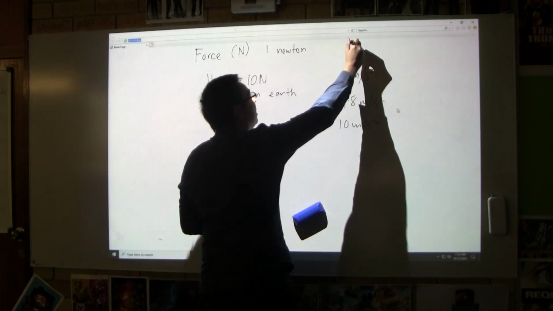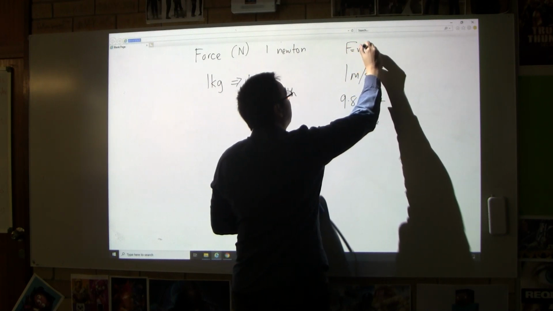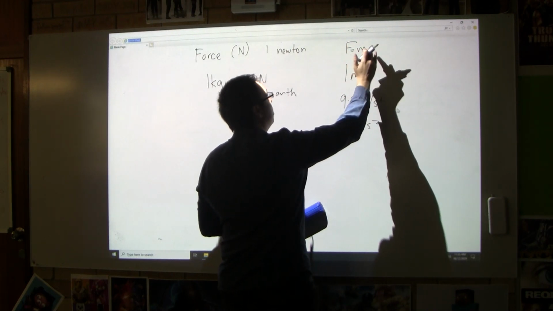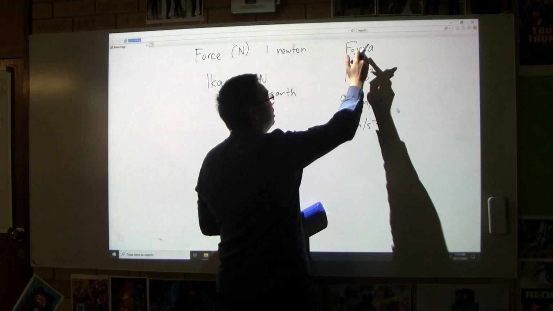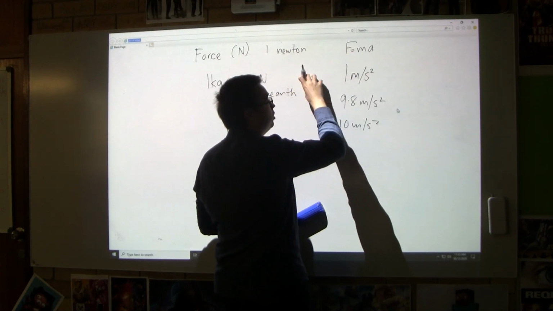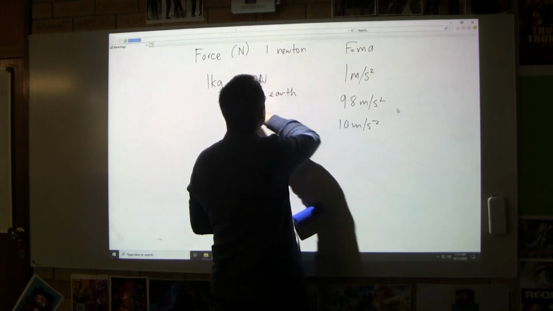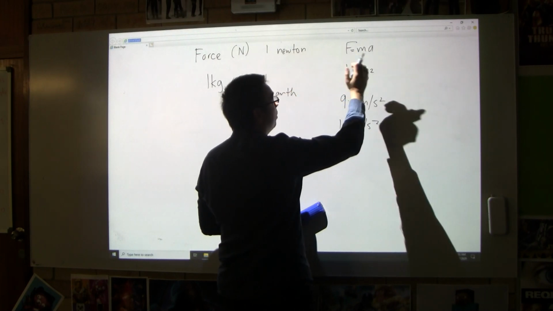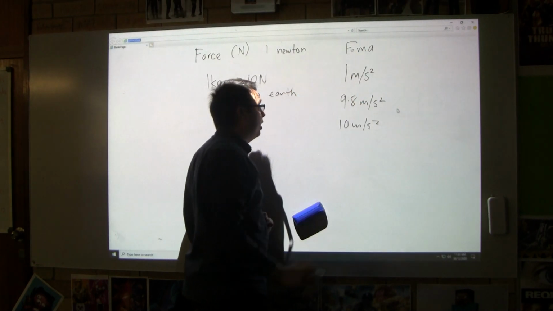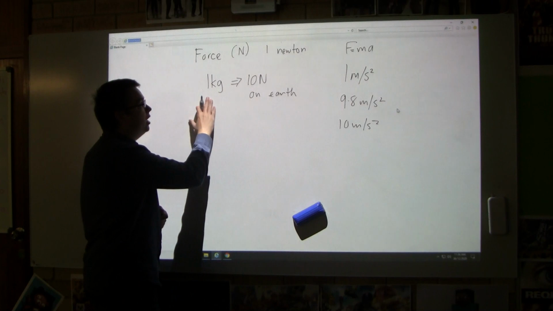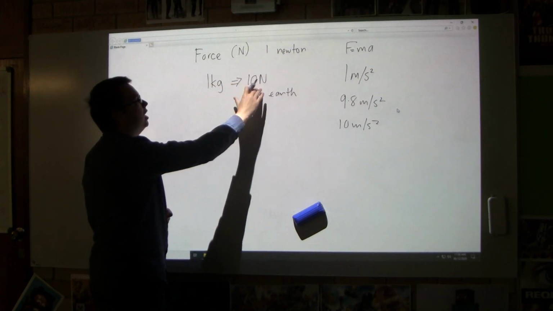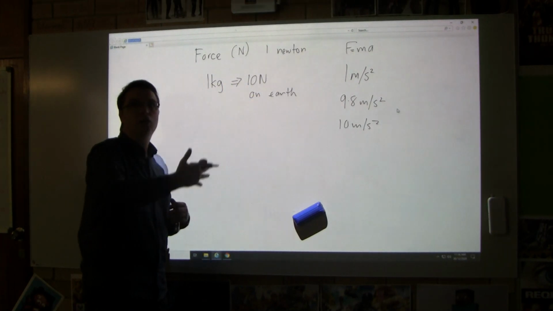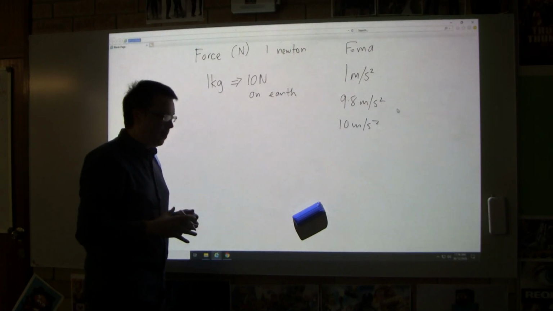So you might be familiar with F equals ma, so force is equal to mass times acceleration, and we always measure our masses in kilograms, and our accelerations in meters per second squared. It's interesting to note that 1 kilogram is 10 newtons, not 10 kilonewtons. That's a very different thing.